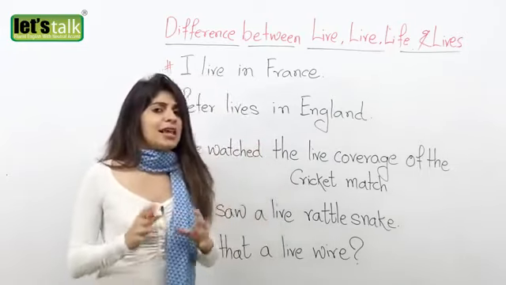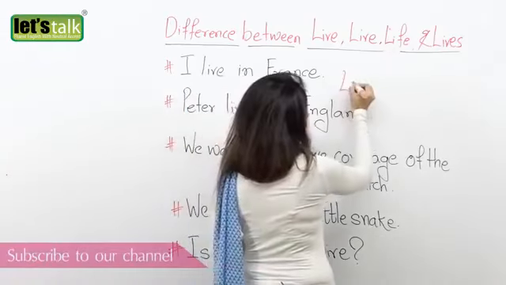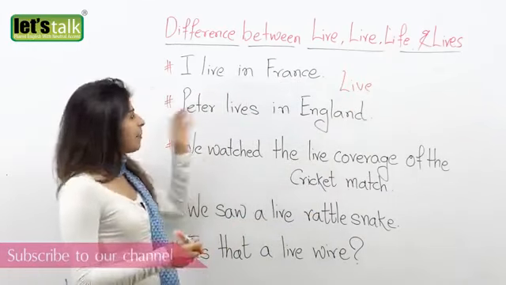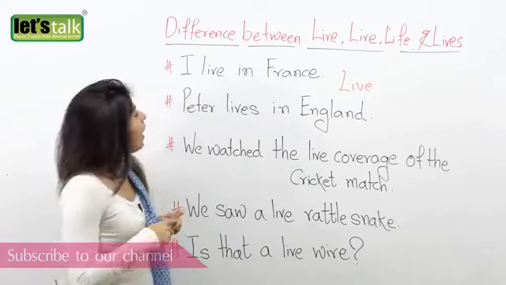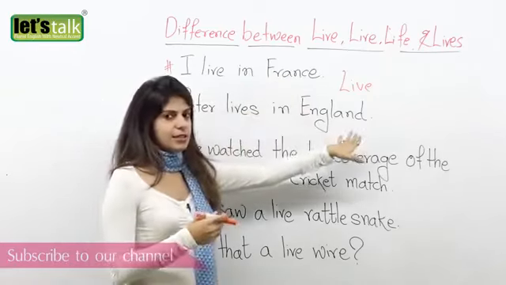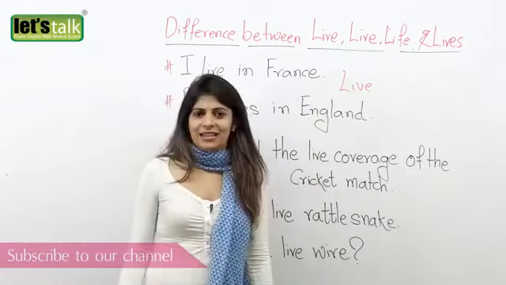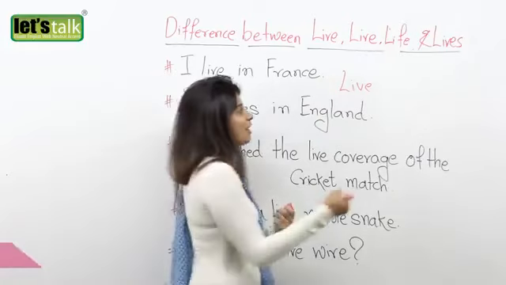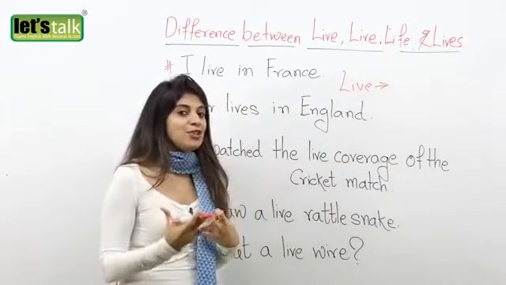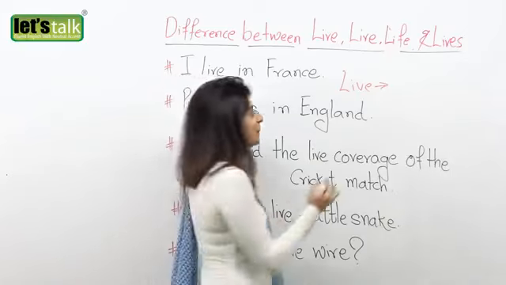So the very first thing that we are going to look at is the word live. And to explain this, I'm going to look at these sentences here. I live in France. Peter lives in England. Now, what do you think the word live means? Well, the meaning of the word live is when you are talking about your or someone's place of living.